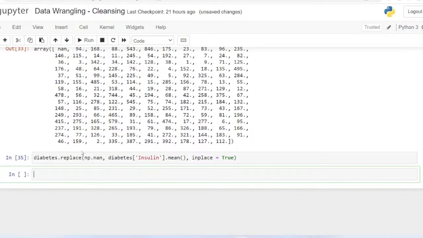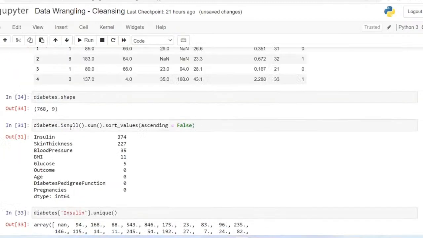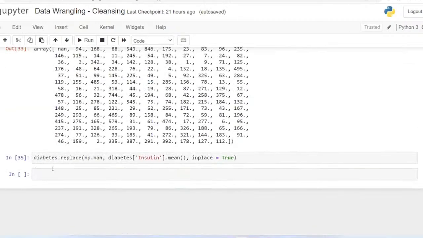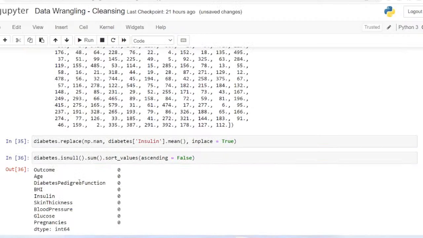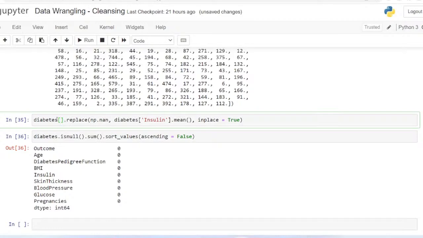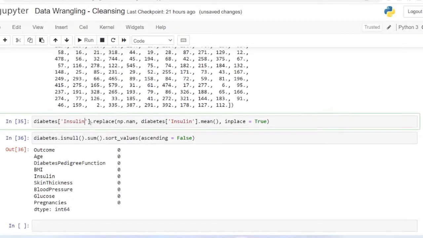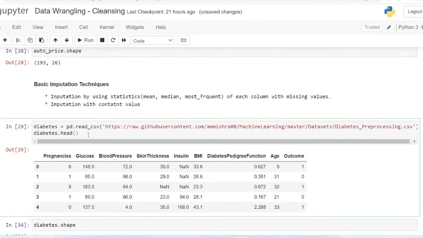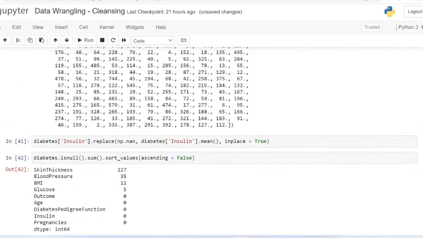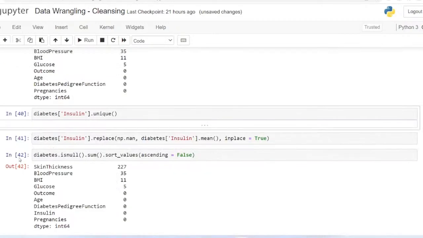And like this, your first part will be successfully handled. The insulin will be replaced by... okay, some bit of issues here. We should have taken insulin here first. I think I got it wrong. Okay, I have to do it again. Okay, now that makes it fine.